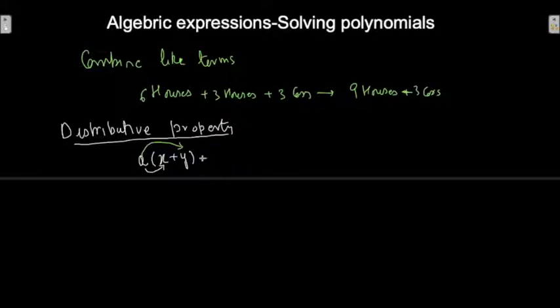So it becomes A into x plus A into y. So when we open these brackets, the term outside gets multiplied by both the terms. Now we'll extend this further, then we'll take a couple of examples.